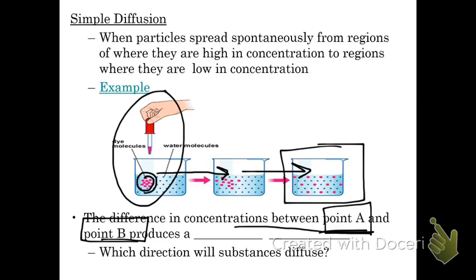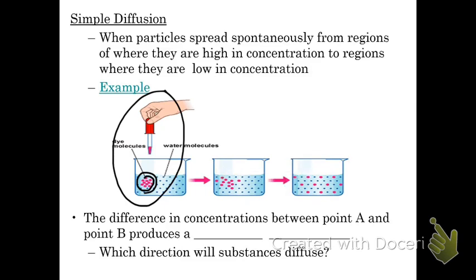The concentration gradient. And pretty easy to imagine, right? We've experienced this sort of idea before. So you get this concentration gradient. I'm just going to put CG here for now. And when I ask the question, which direction will the substances diffuse? They're going to go from an area of high concentration to an area of low concentration.